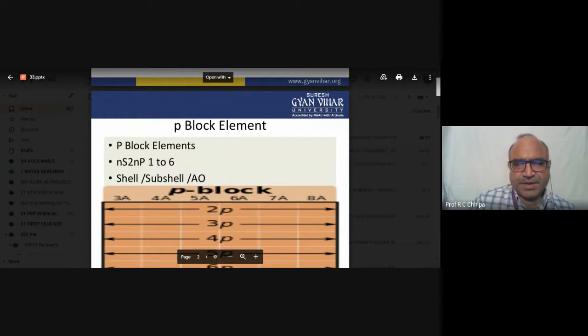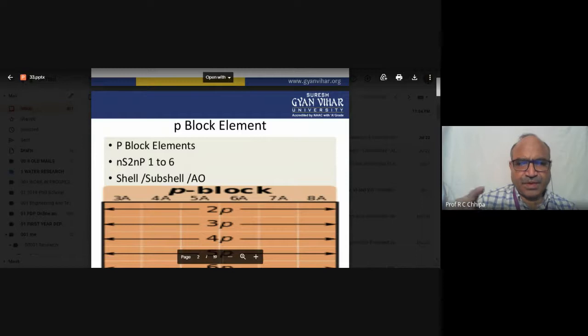As I have already discussed, these are 3A, 4A, and so on. As per the modern periodic table, where the groups are arranged from top to bottom, groups 13, 14, 15, 16, 17, 18 are there.